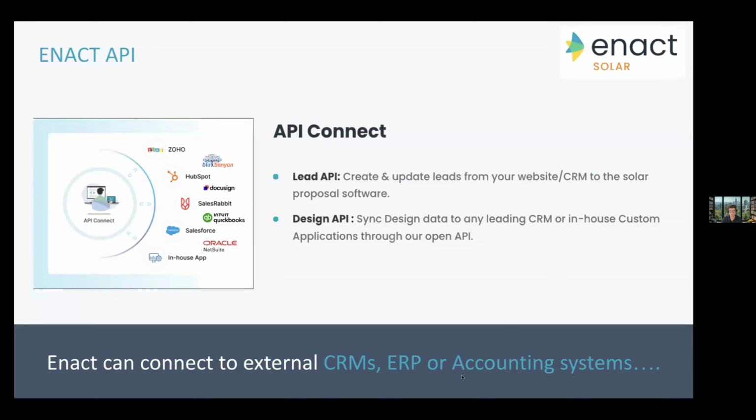And in the world of solar, that can be very key and crucial to any company's growth, as well as helping companies speed up their timeline to PTO. So here are just a few, Zoho, Blue Banyan, a few that we can connect with, but we can connect with pretty much anything with an open API.